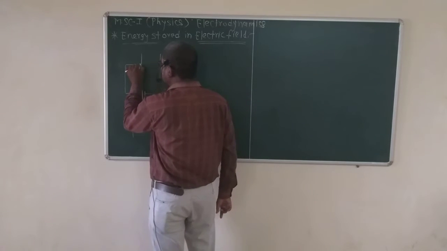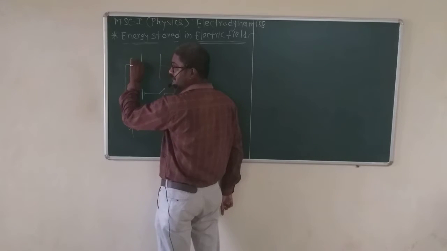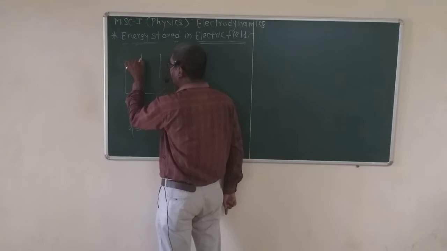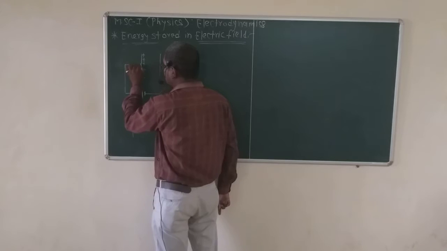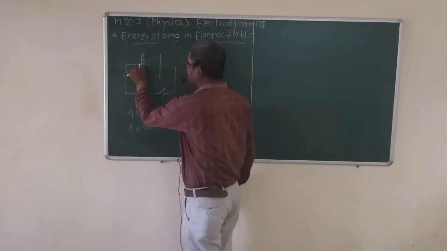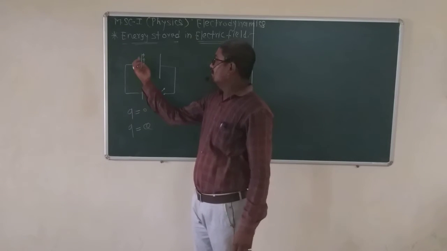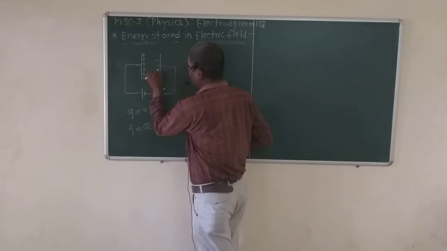When one electron comes out, the charge on that plate is positive, and on the other plate it will be negative.